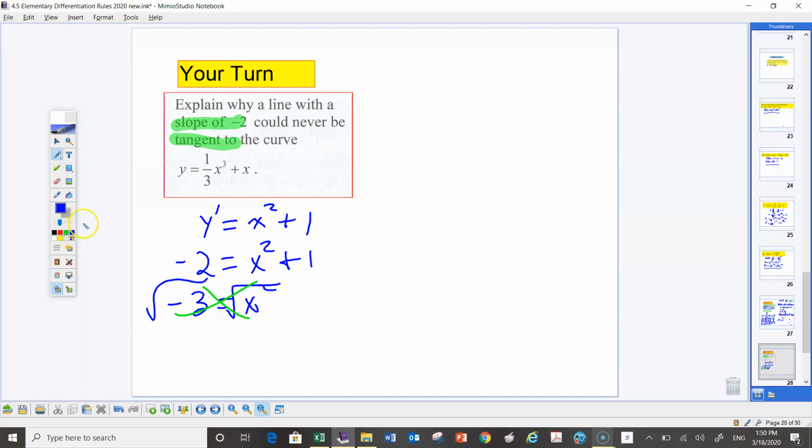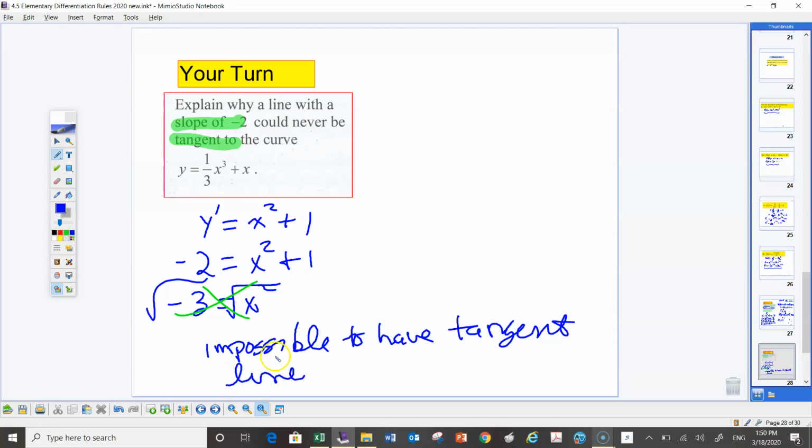So therefore it is impossible that I have a tangent line with a slope of negative 2, because I cannot find a coordinate where the slope would be -2.